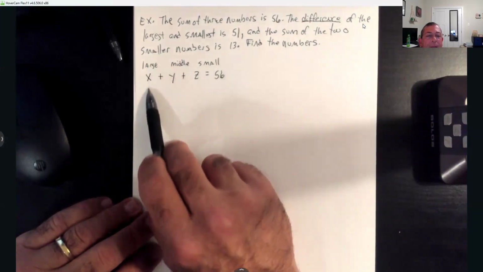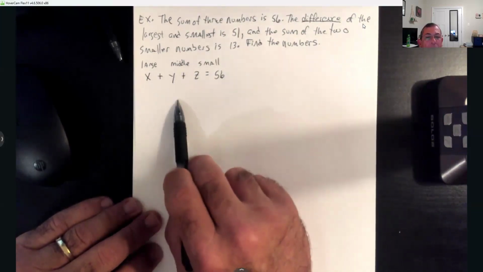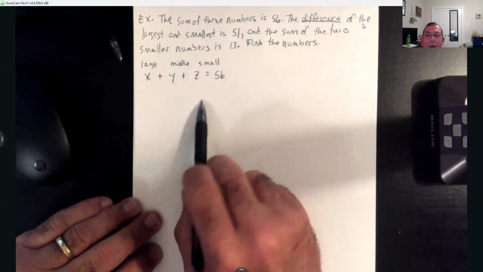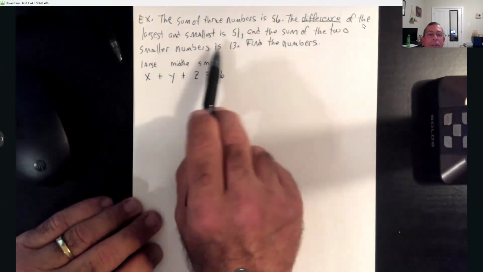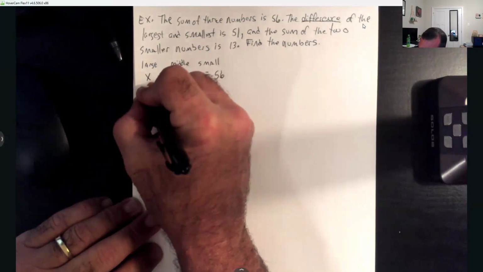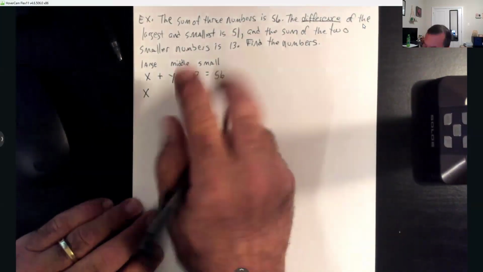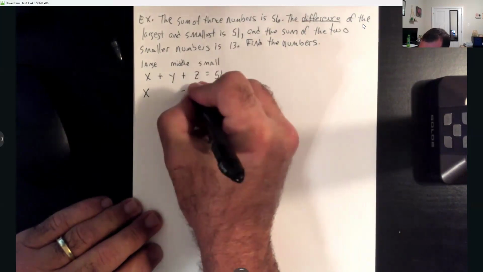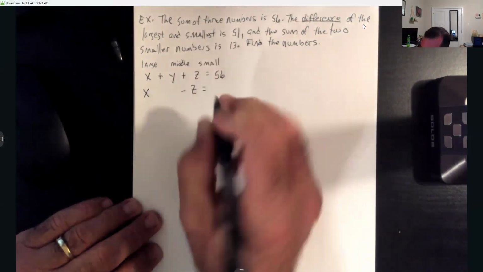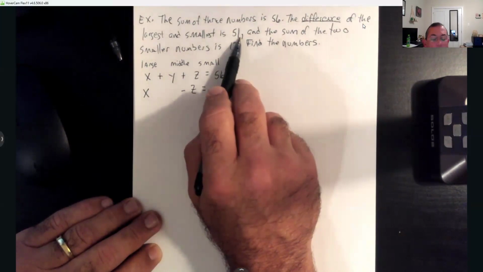Since I made this my large column, my middle column, and my small column, the difference of the largest and smallest, well, my largest is going to be the x. My smallest number is the z, so it's being subtracted, and it has to equal 51.